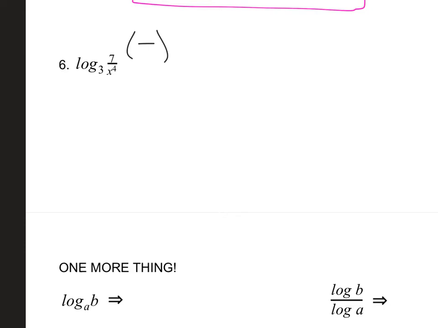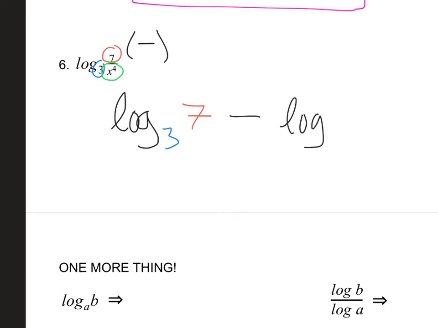So log base 3 of, we're taking a 7 and dividing it by an x to the 4th. No big deal. So I've got log base 3, remember they've got to be the same base, of 7 minus log, again, base 3 of x to the 4th.